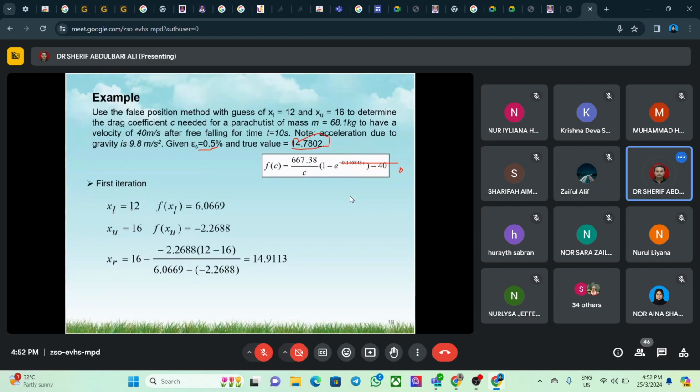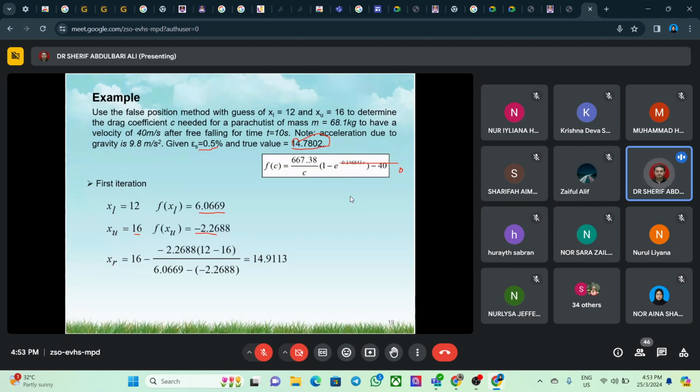At the beginning, x lower is equal to 12 and x upper is equal to 16. When x lower is 12, the function returns 6.066. When x upper is 16, the function of x upper is negative 2.26.